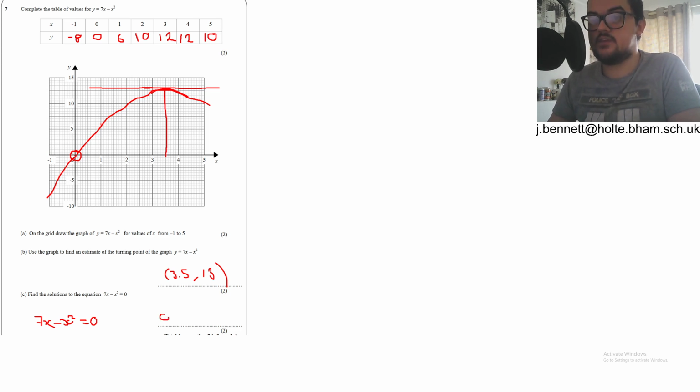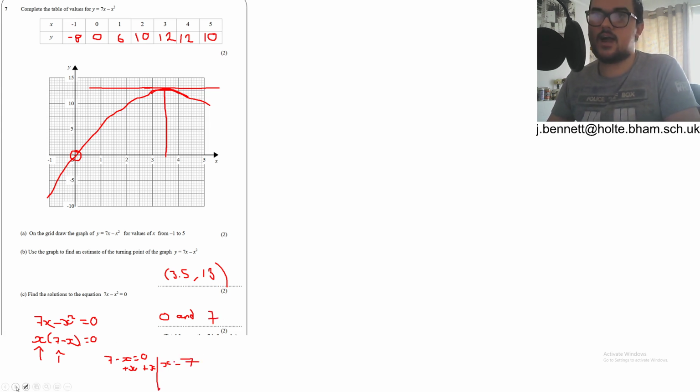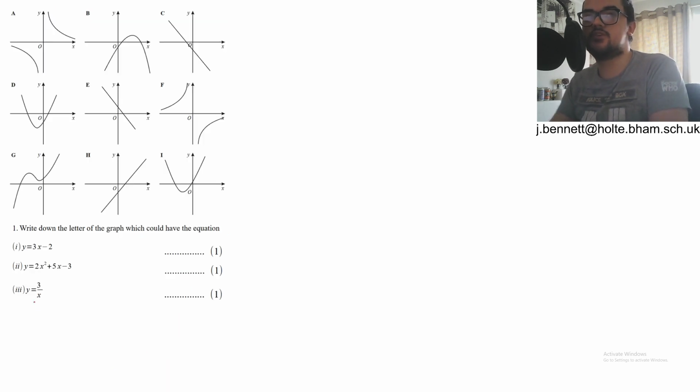So we have 0, and if we take out x as a common factor for this, we get x brackets 7 minus x equals 0. We've taken our 0 out, we've equated that to 0, now we equate this to 0. 7 minus x equals 0, we add x to both sides, we get x equals 7. So we have 0 and we have 7, and those are our two solutions for this equation.